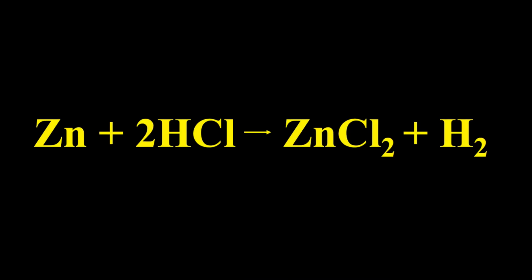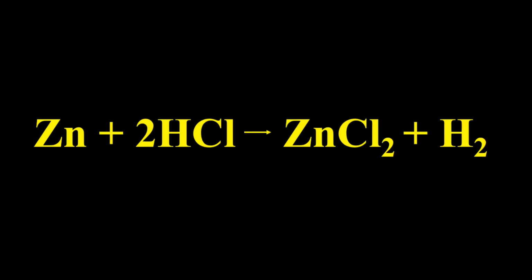In the chemical reaction, the element or the compound which takes part in the reaction, after the reaction, the element and the elements contained in the compound remain the same in the product also. What does it mean? Let's talk with an example. When zinc reacts with hydrochloric acid, on the reactant side we have the element zinc.